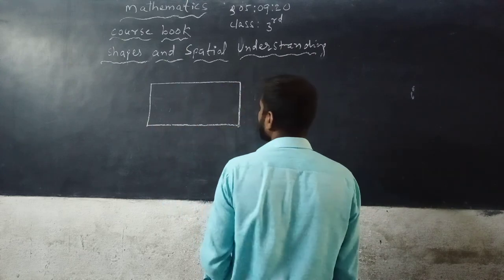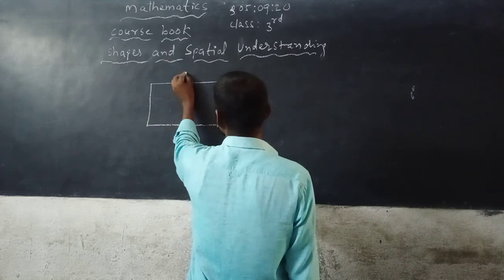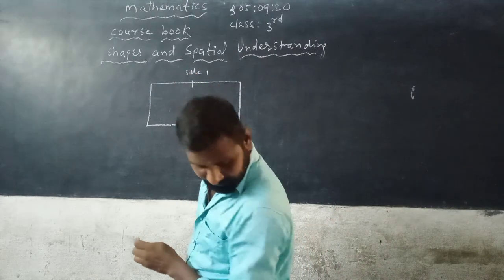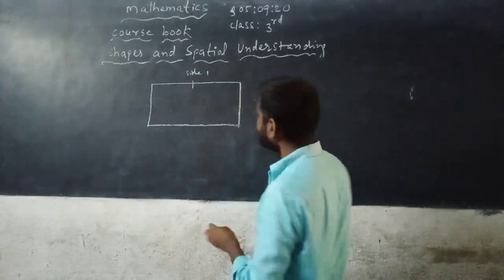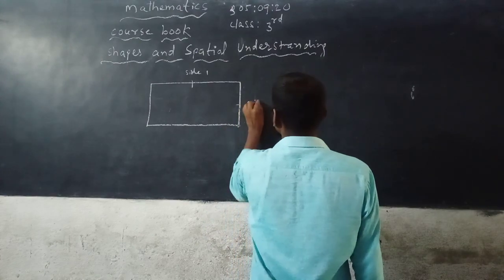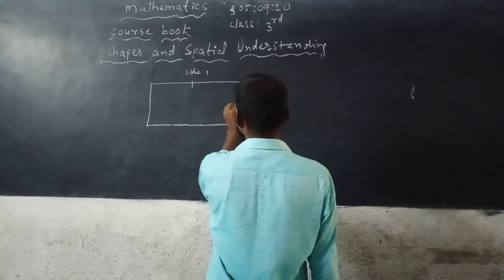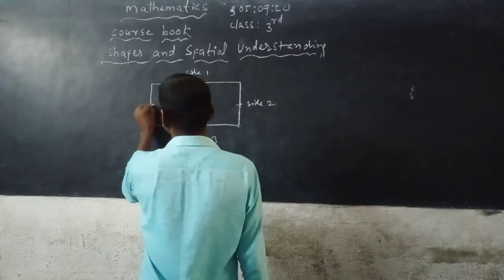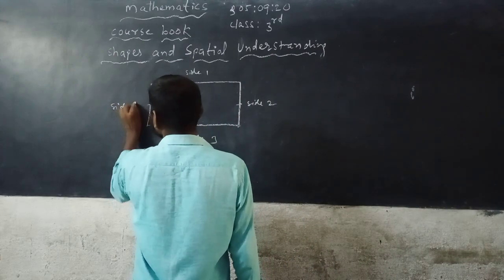So this is the rectangle. This is side 1, side 2, side 3, side 4.